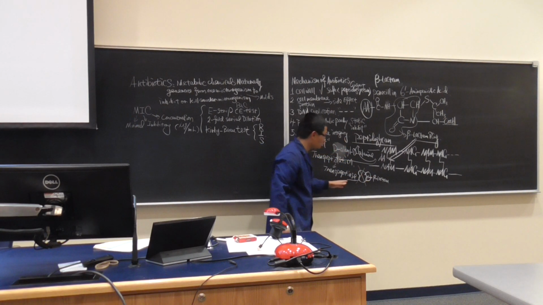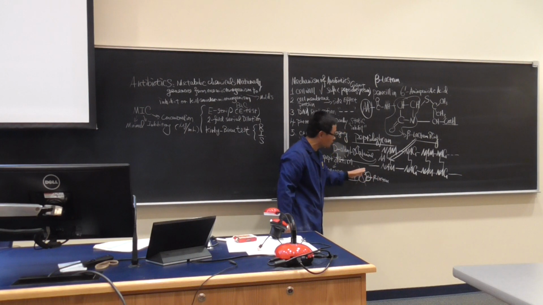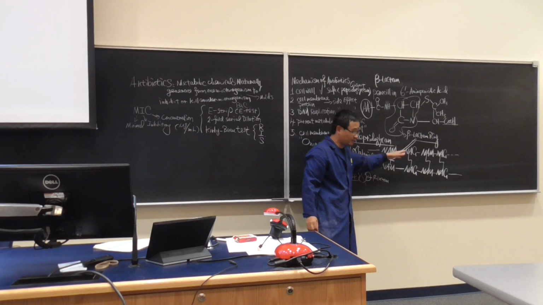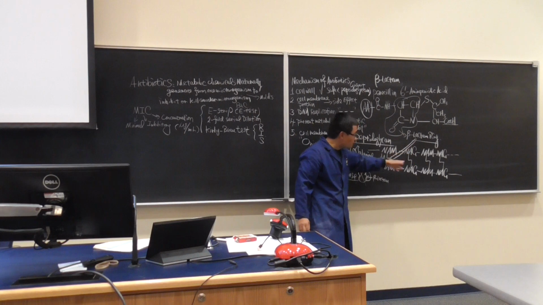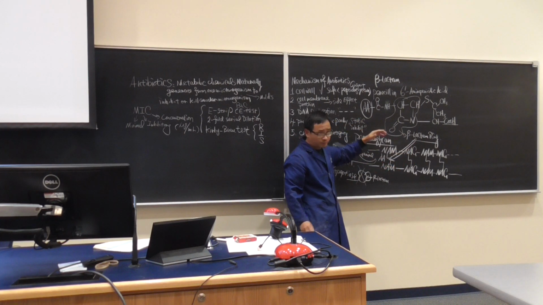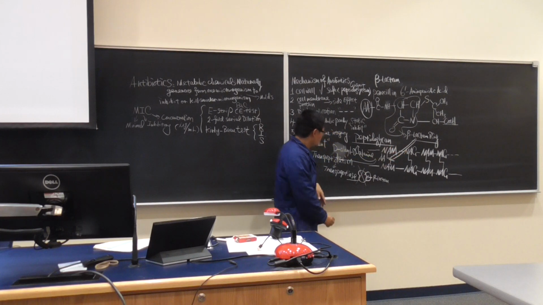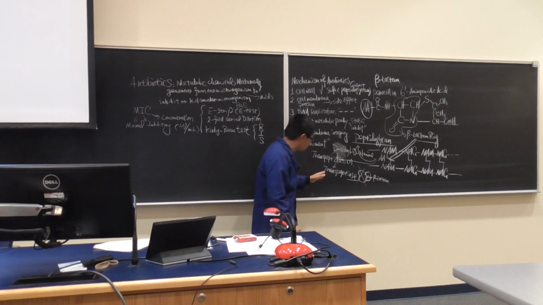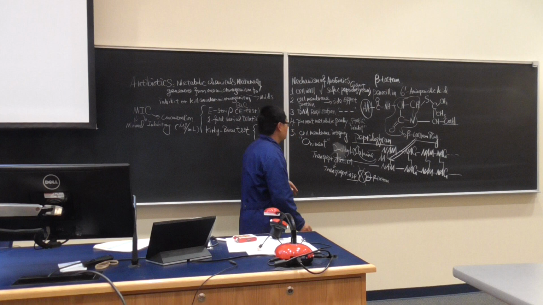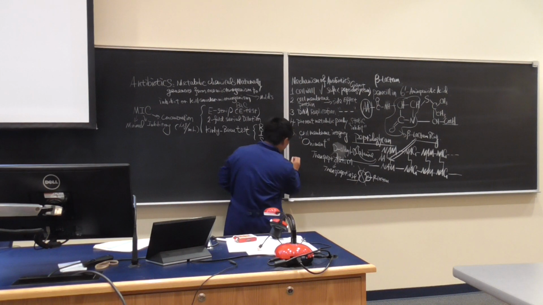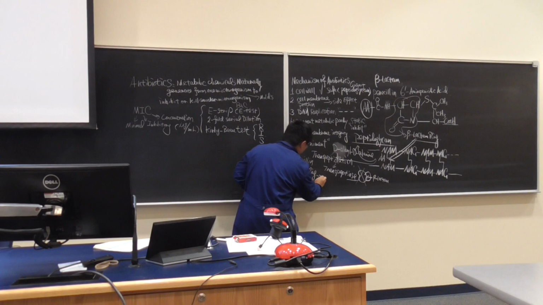Therefore, it prevents bacteria from biosynthesizing peptidoglycan. If there's no peptidoglycan, the cell wall will start cracking, so the bacteria will be killed. And very ironically, this transpeptidase has been given the name penicillin-binding protein by the scientific community.